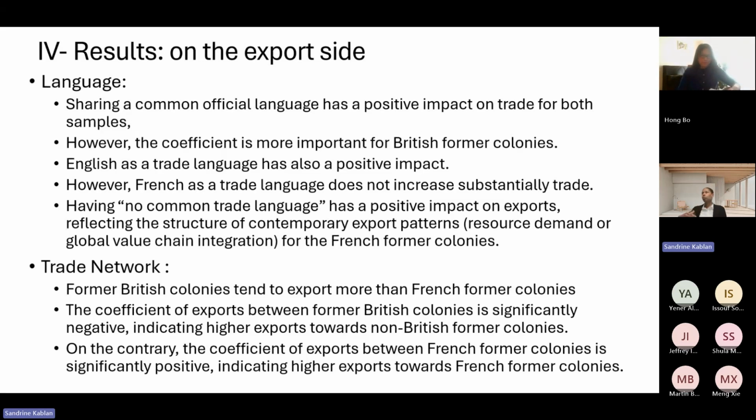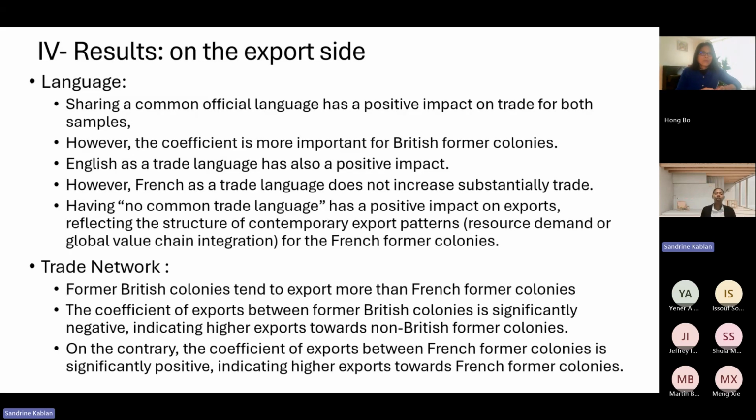So what comes out from the results is that English is really an advantage for those countries that have English as a common language, and even if there is no English as official language, it will be the language that will be used for trade. And again, French as a trade language does not increase trade substantially. So this was one of our results.